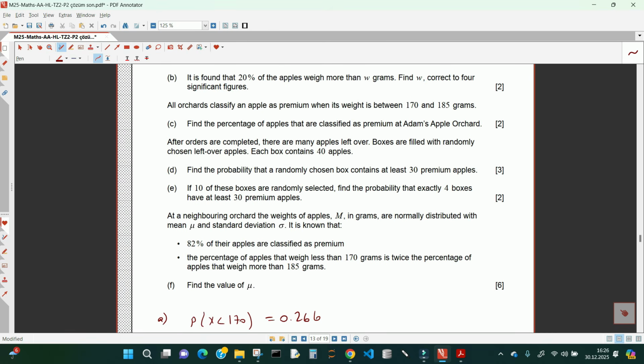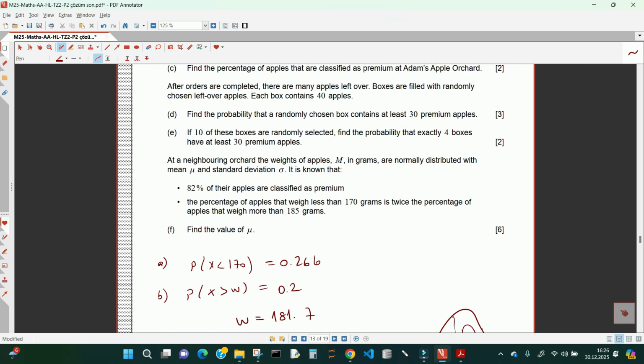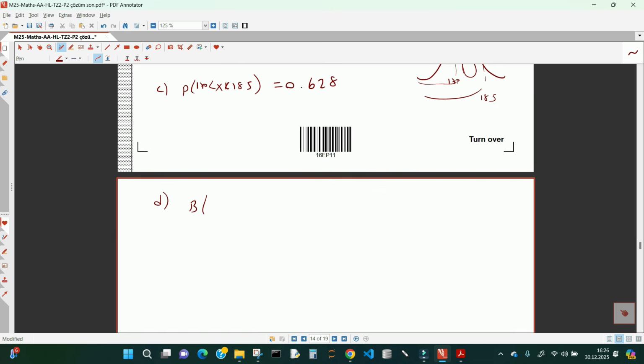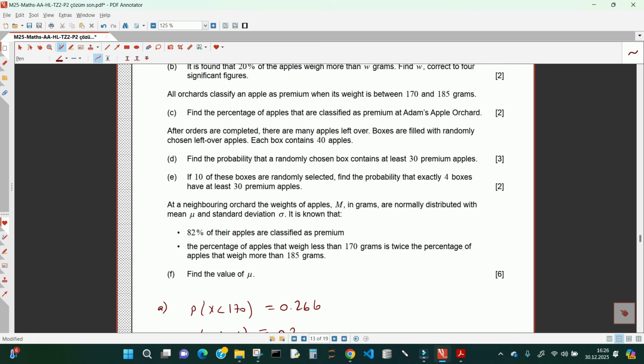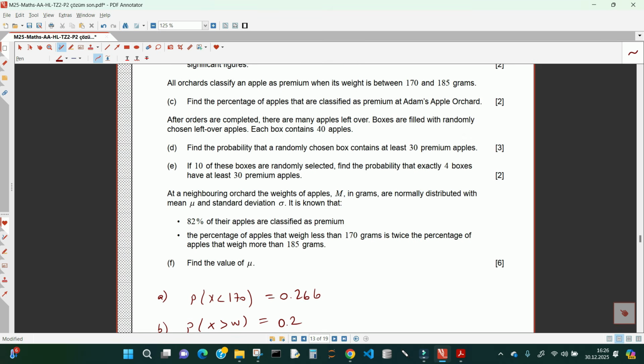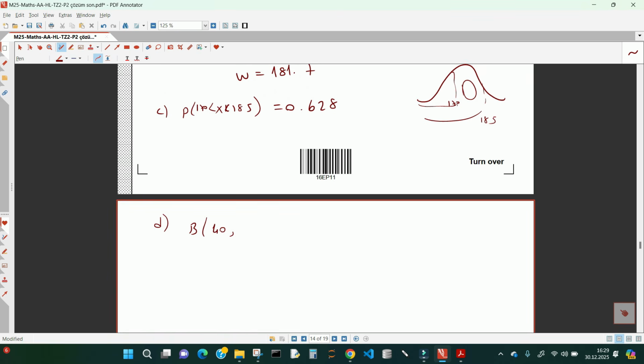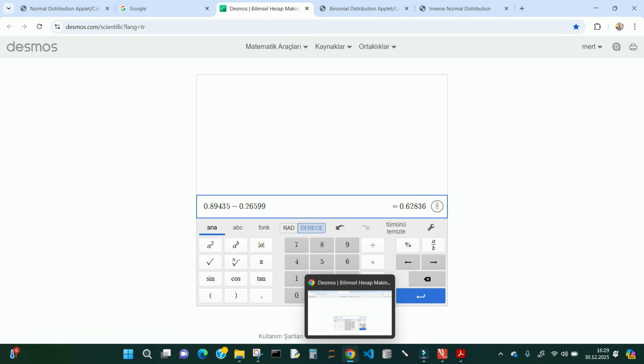So you can write binomial. We're gonna choose from 40 apples, and at least it says 30 premium apples. So I will write in here the probability that we found in the previous question, the premium apple. It's gonna be 0.628, what we found, 36.